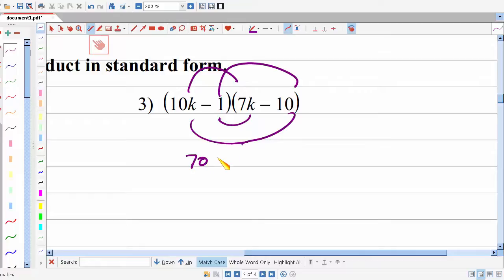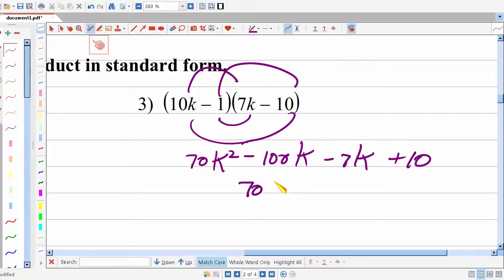The first becomes 70k squared. The outers become, the inners become, and the last. And I combine the inners and outers. And I get that.